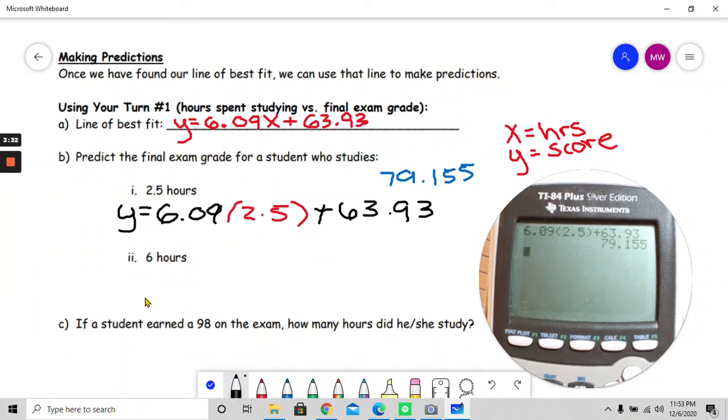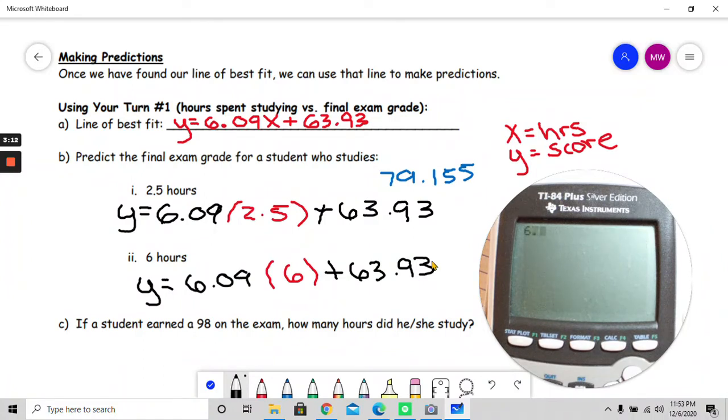So y equals 6.09 times 6 plus 63.93. So 6.09 times 6 plus 63.93 is about 100.47.